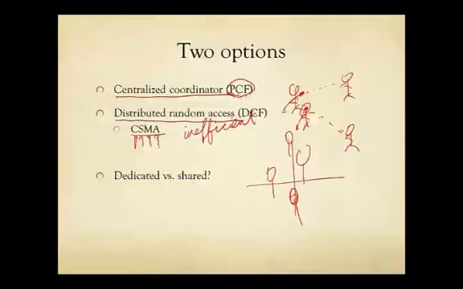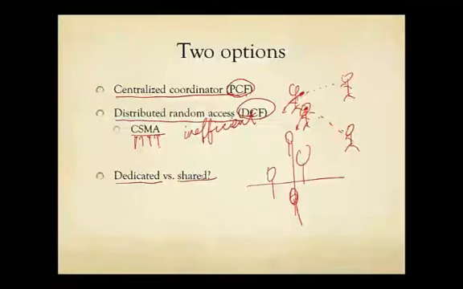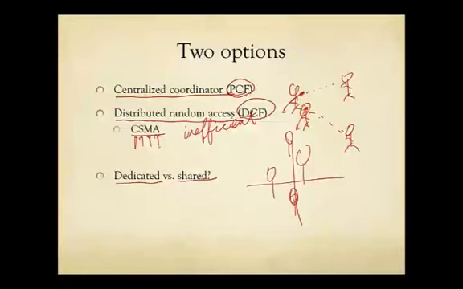Now, the difference between PCF and the distributed random access, which is called the distributed coordination function, DCF, in Wi-Fi, is another example, and perhaps the last one we'll encounter in this course, and by this time maybe the 4th or 5th time, of the tension between dedicated resource allocation and shared resource allocation in a network.